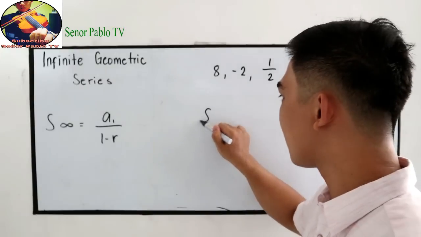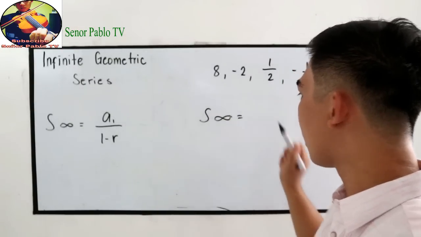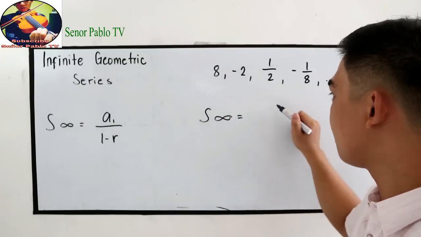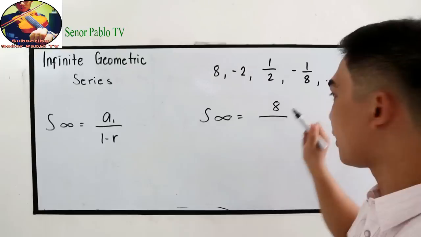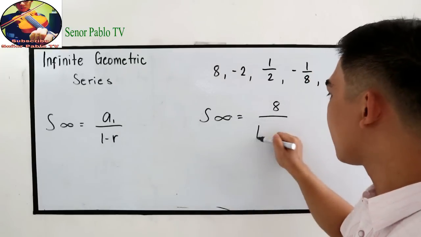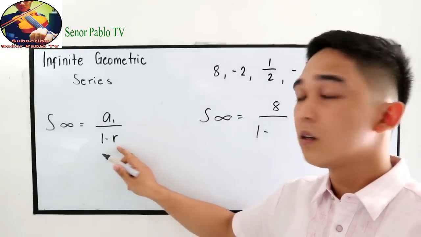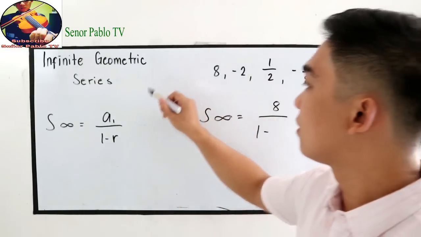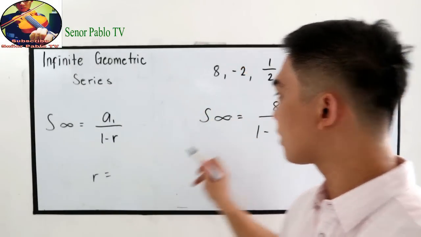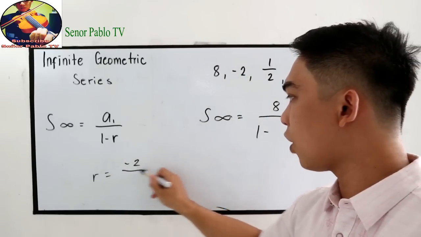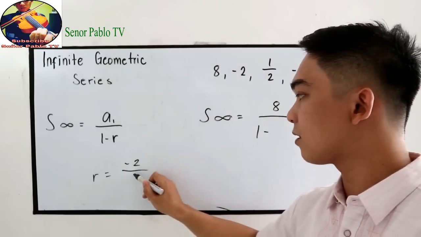So, S infinity is equal to ang A1 natin, so given, which is 8, over 1 minus R natin, which is the common ratio. So, hanapin muna natin. Ang R natin dito sa case na ito is A2, negative 2, over A1, which is 8.